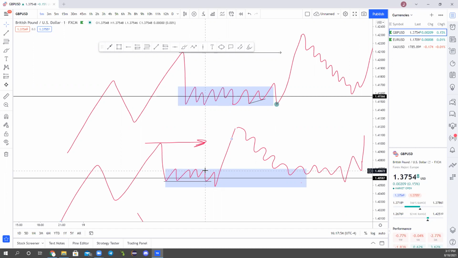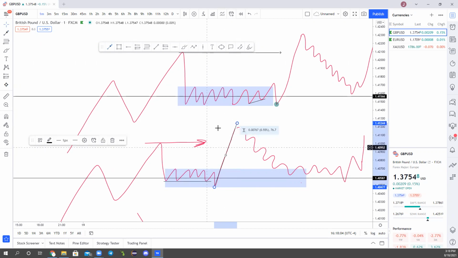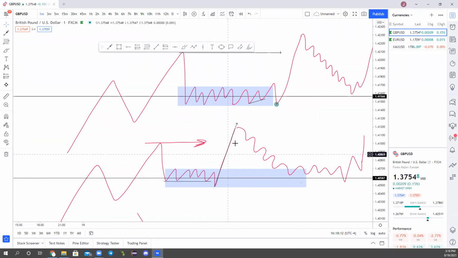But what they create on the higher time frames, or for the bigger picture, is actual movements that you wait on, right? You wait for the retracement back to get in. Like you said, you wait for this move to come back to here and then mitigate out of this demand.